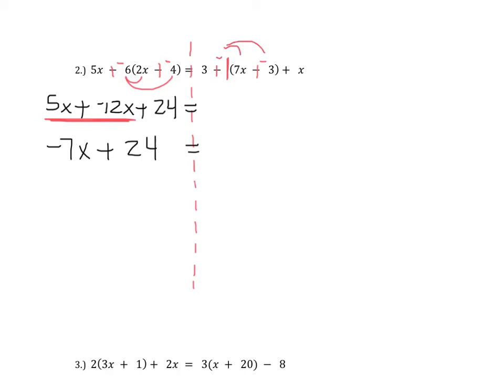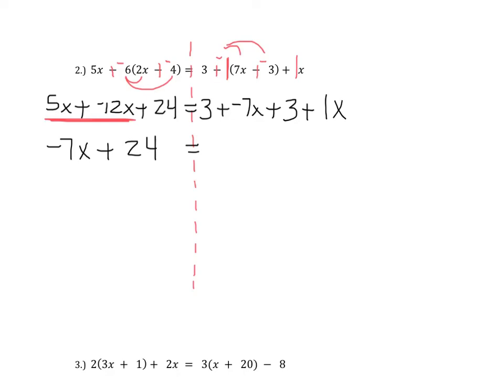And the last thing, a lone variable, let's multiply that by 1. Okay, here we go. We have a 3 plus. Now I'm going to distribute that negative 1. Negative 1 times 7x is negative 7x plus negative 1 times negative 3 is positive 3 plus, don't forget the 1x. Whoops.